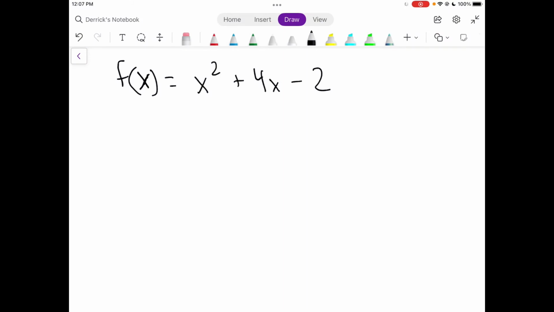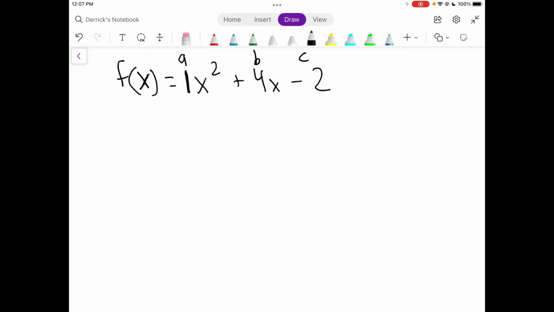So let's take a look at this example here. We have the function f of x equals x squared plus 4x minus 2. So that would mean that I have an a value of positive 1, because there's just always an invisible 1 in front of that x squared if we don't see anything else, a b value of 4, and a c value of negative 2.